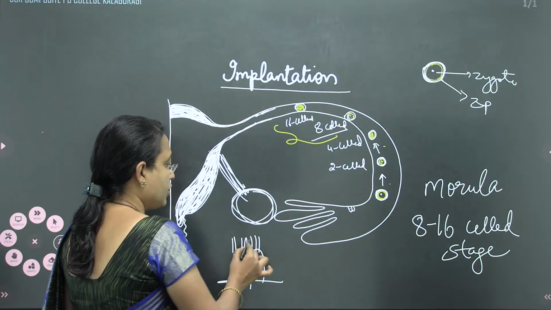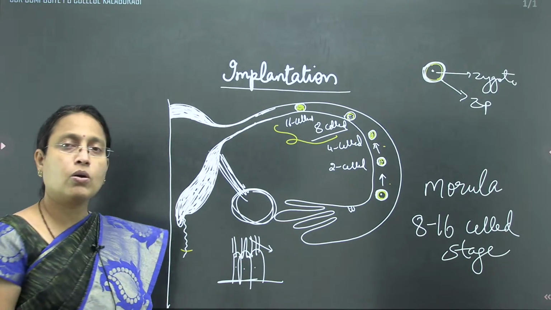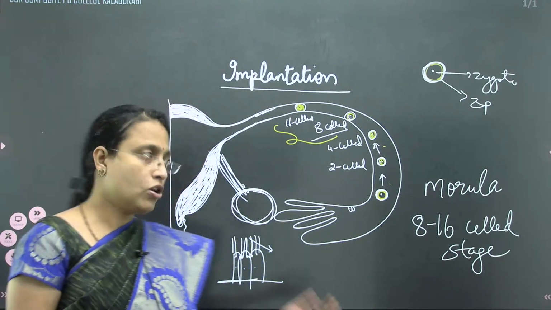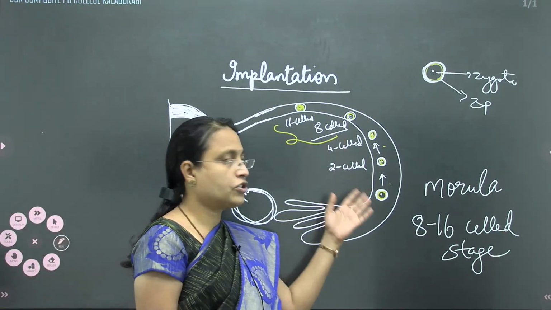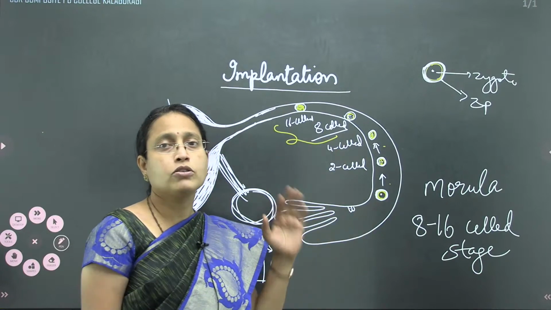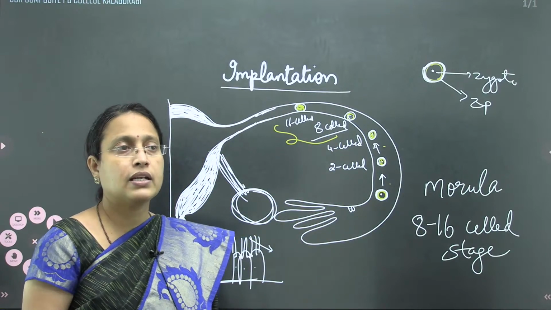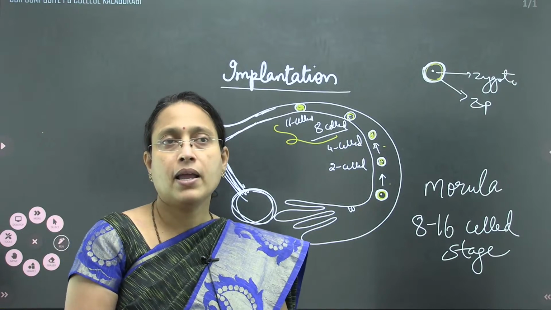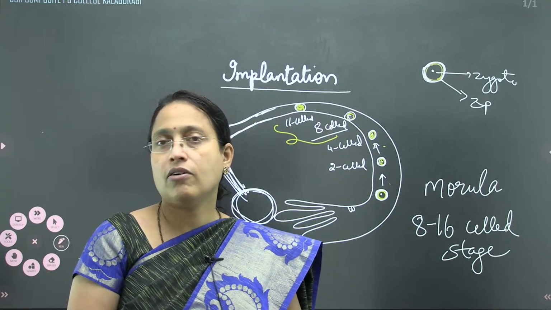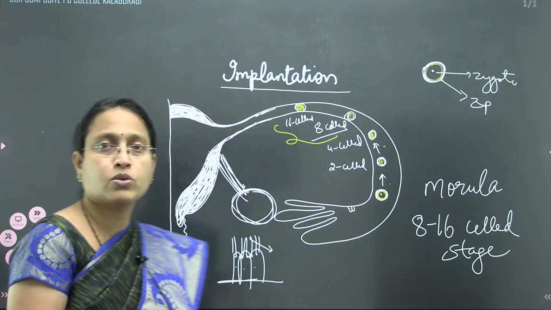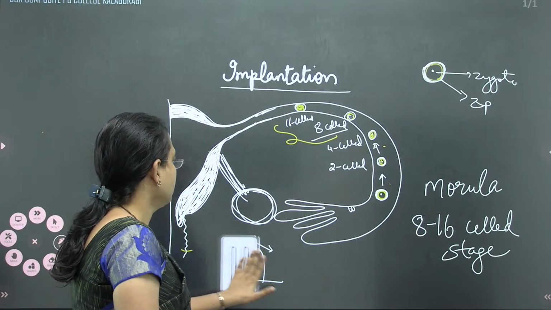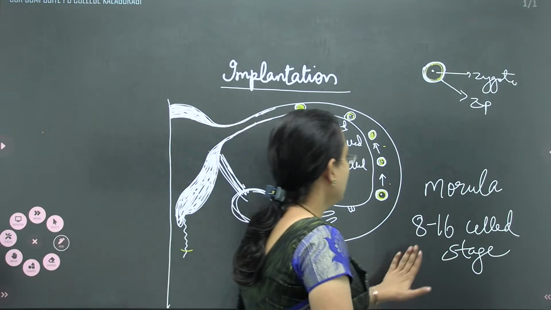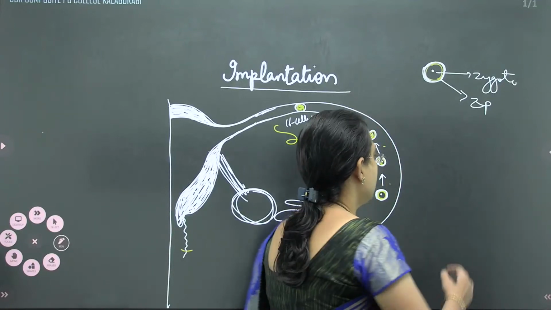The beating action of the cilia, also called ciliary movement, helps this structure to move, and that movement is further supported by peristaltic movement of the fallopian tube.